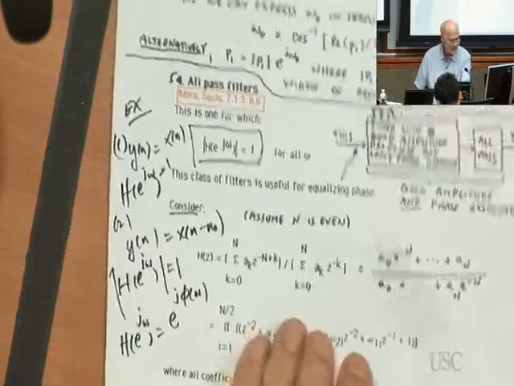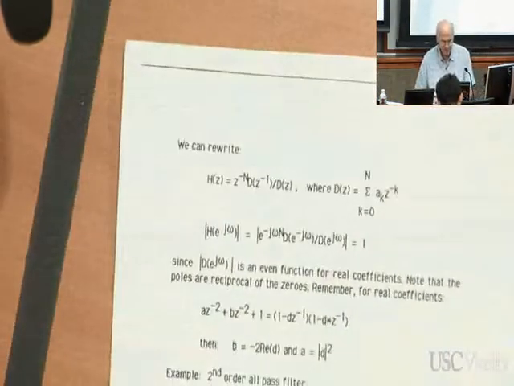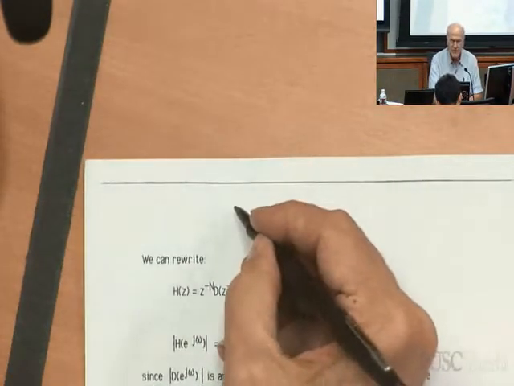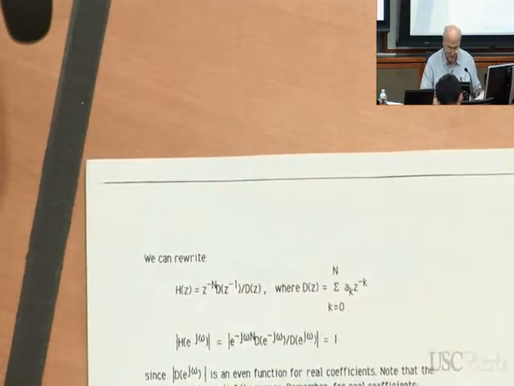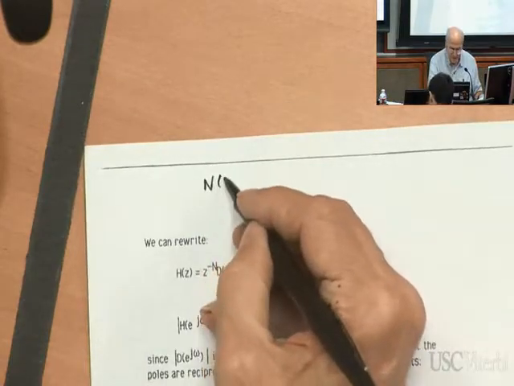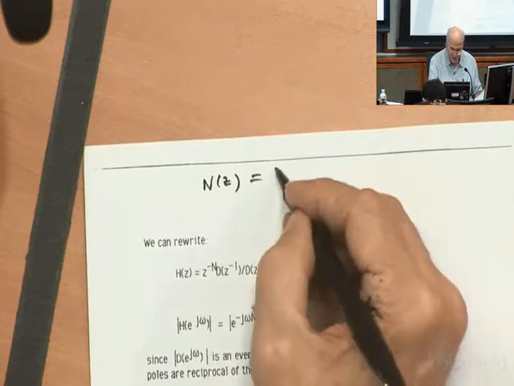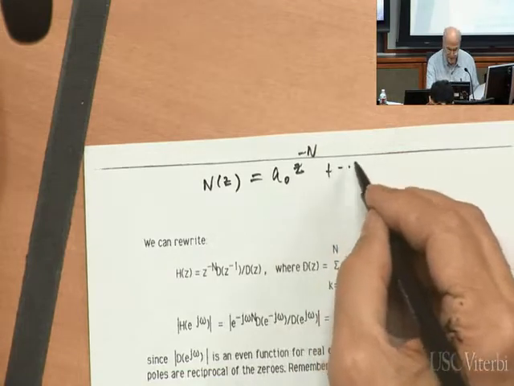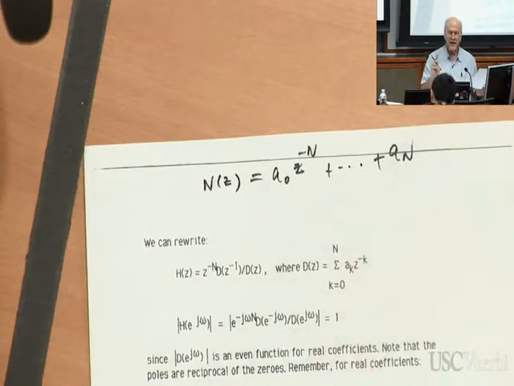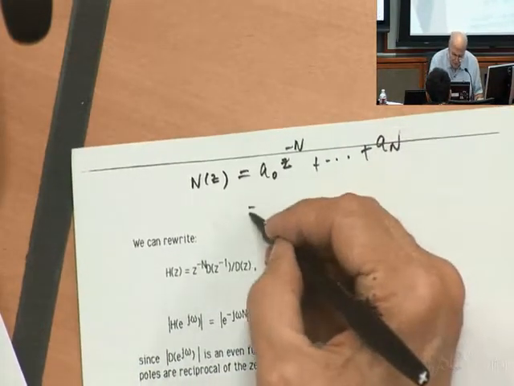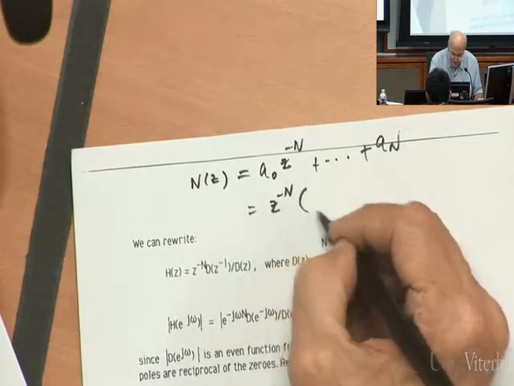And how do we see that? Here's how we can see it. As it turns out, h of z, if you play around with the numerator, n of z, looks like a naught z to the minus n plus dot, dot, dot, all the way to a sub n. Now let's factor out a z to the minus n. Then what do you get?